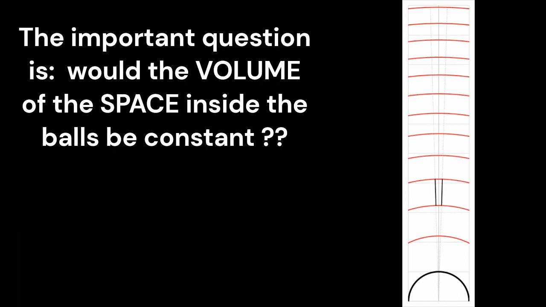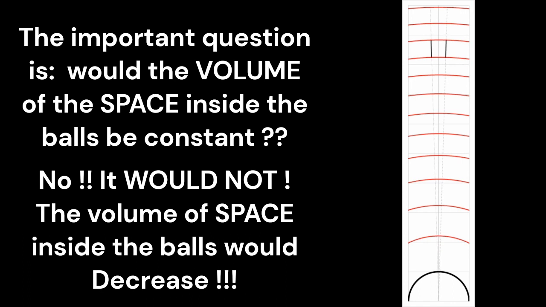The important question is, would the volume of space inside the balls be constant? We could always measure the height, distance, and the width between the balls and compute the volume of that space. No, that space inside the cube would be getting smaller and smaller as the shape changed. It's a decreasing volume.